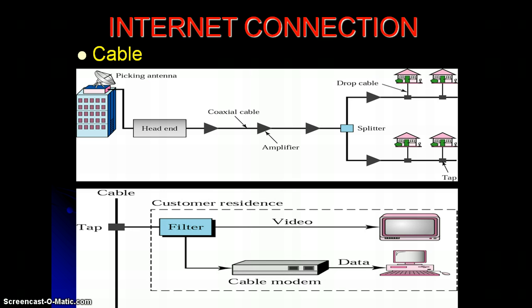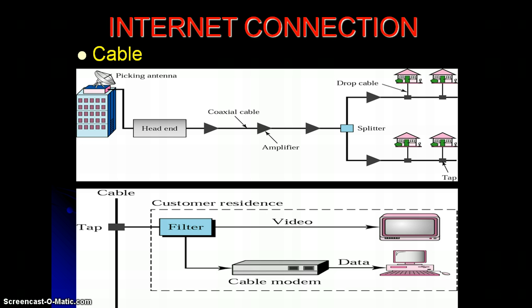Another one is with the help of cable. Through the use of a cable modem, we can have a broadband internet connection that is designed to operate over cable TV lines. Cable internet works by using TV channel space for data transmission, with certain channels used for downstream transmission and other channels for upstream transmission.